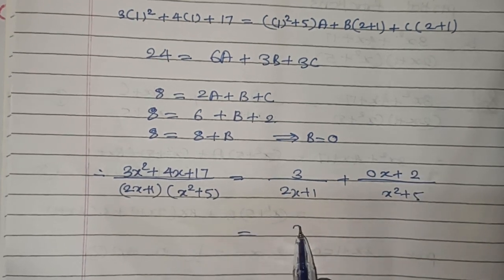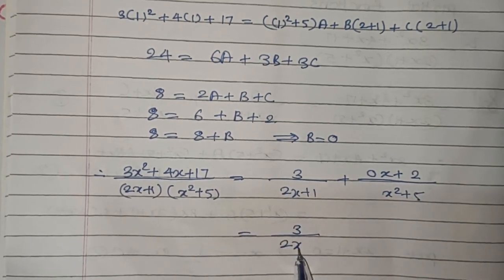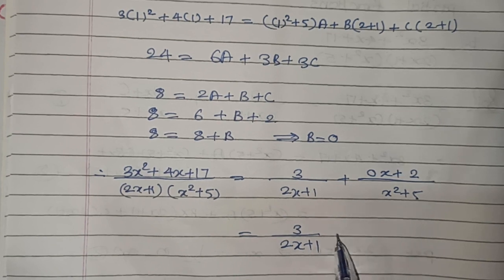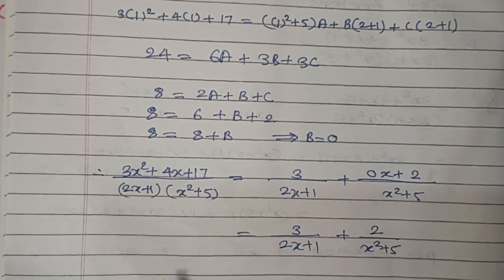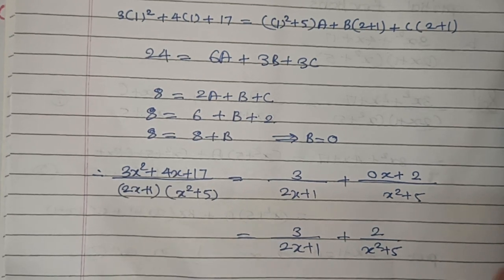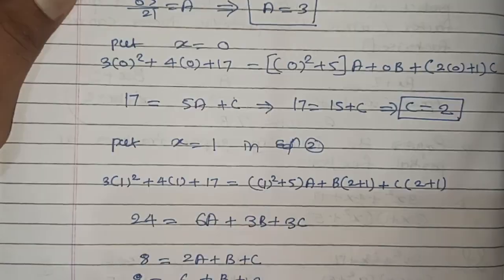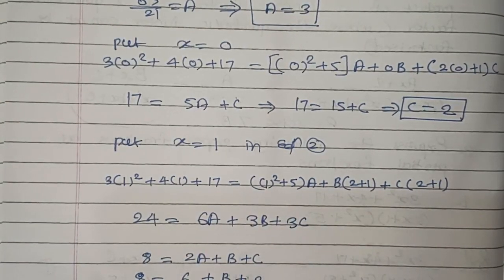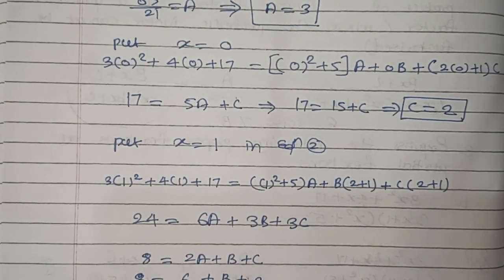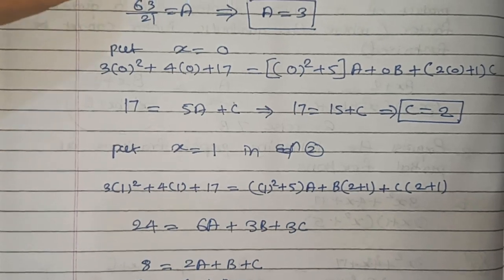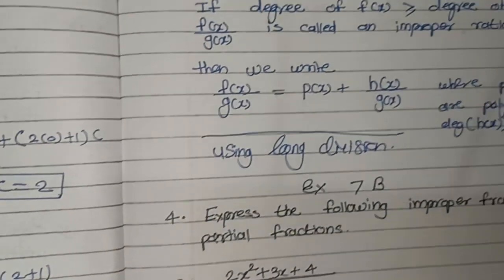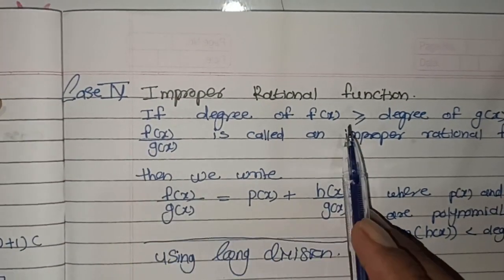So we get 3 upon x plus 1 plus 2 upon x square plus 5 as partial fraction of given proper rational function. In case number 1, 2 and 3 we have given a proper rational function. Okay. In case 4, we have given an improper rational function.